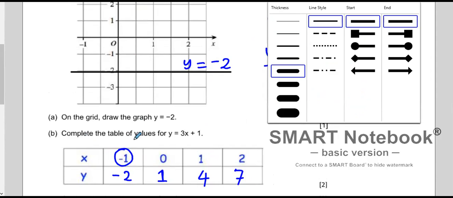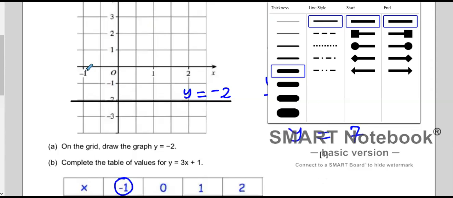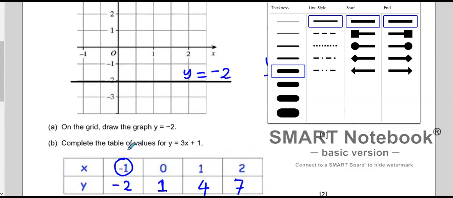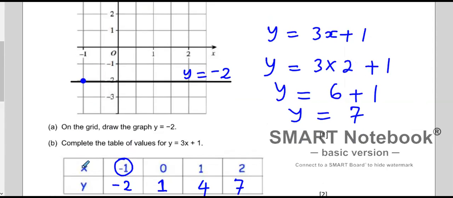So x is -1 and y is -2. -1 is here, -2 somewhere here, so you keep a dot there. Then you keep going. X is 0, y is 1. So we'll be somewhere there.